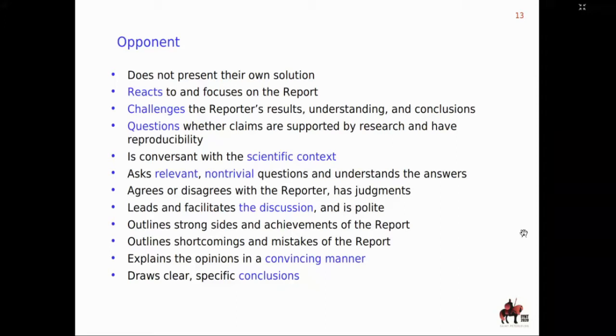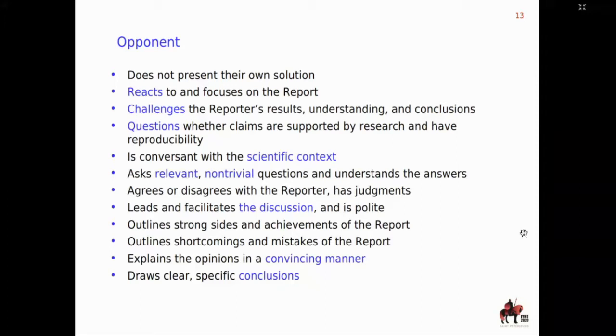They challenge the reporter's results, understanding, and conclusions. They question whether claims are supported by research and have reproducibility. They are conversant with the scientific context. They ask relevant, non-trivial questions, and they understand the answers. They agree or disagree with the reporter, and they have judgments. They lead the discussion. They facilitate the discussion, and they are polite.